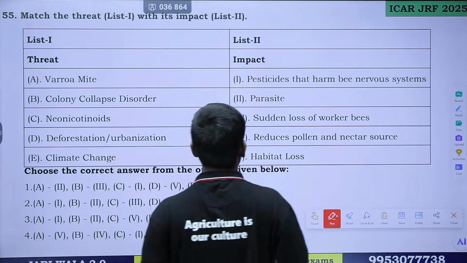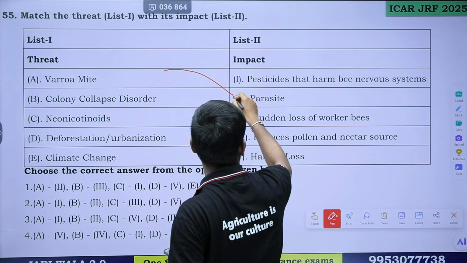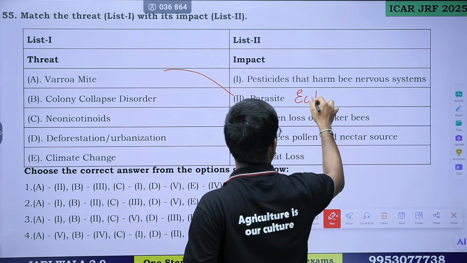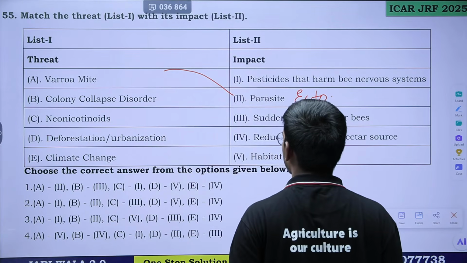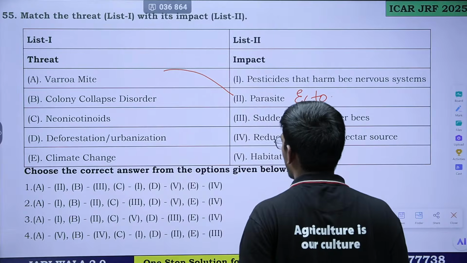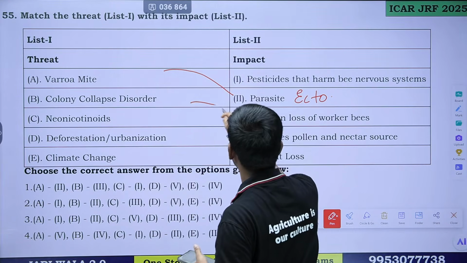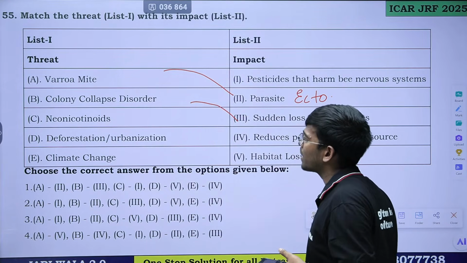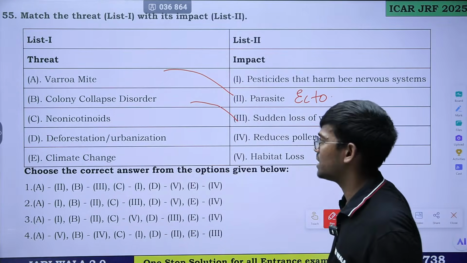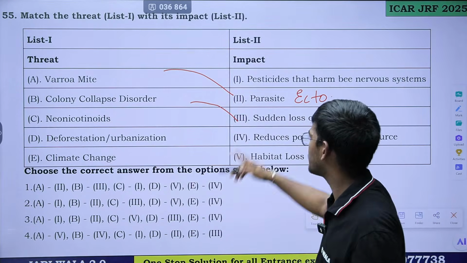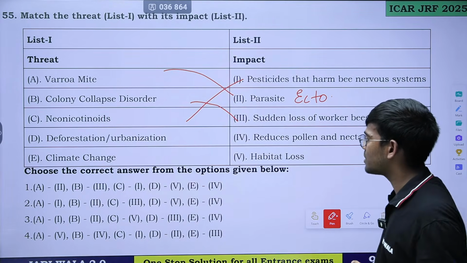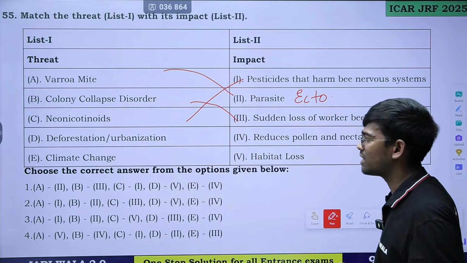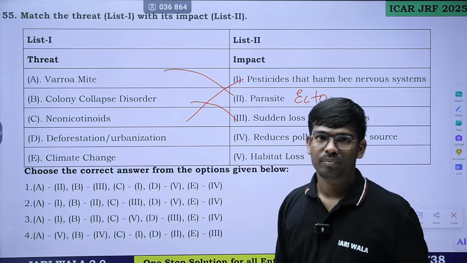Here varroa mite is a parasite, specifically an ectoparasite. Colony collapse disorder is the sudden loss of worker bees, so B will be 3. Neonicotinoids, we know, are a pesticide, so option 1. Deforestation or urbanization is nothing but habitat loss.